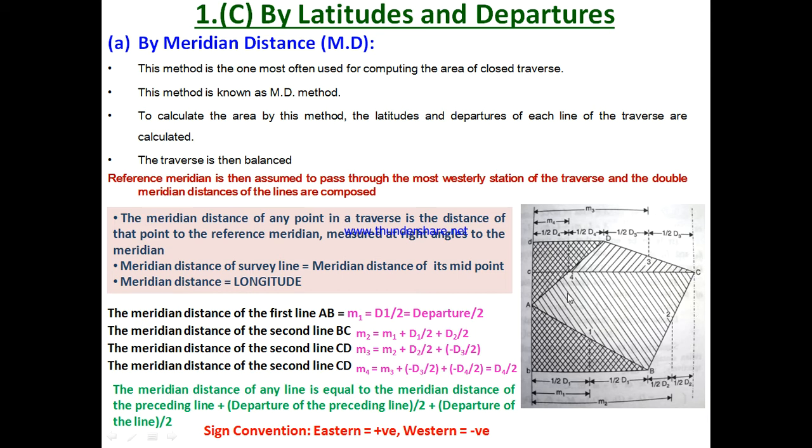So we will add all the meridian distances which come on our way up to that particular point. Here, m3 will be equal to m2 plus, as we have already determined the value of m2.